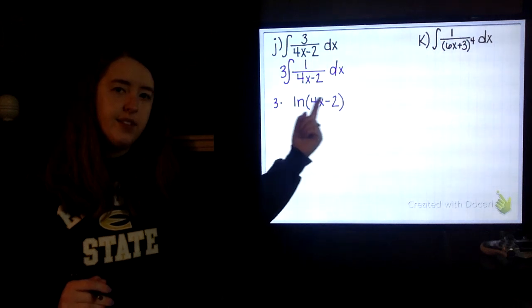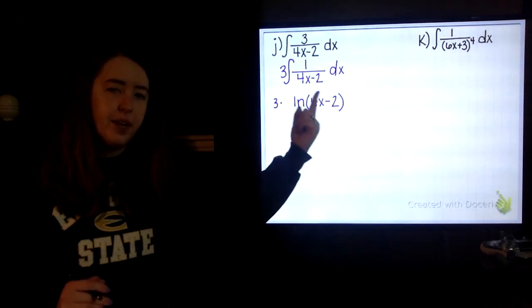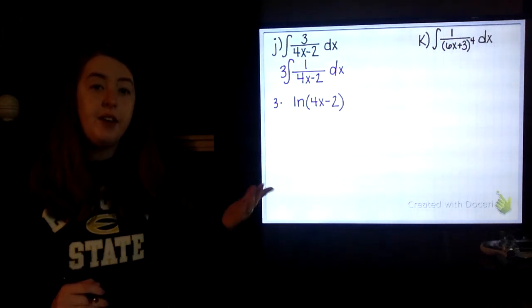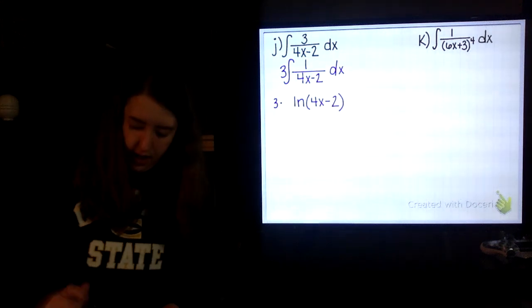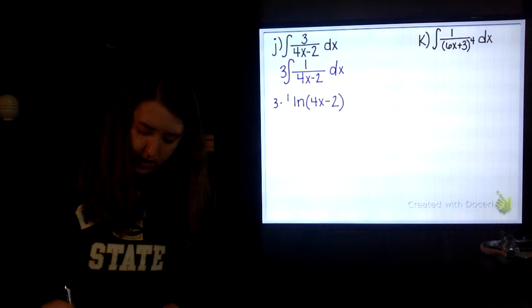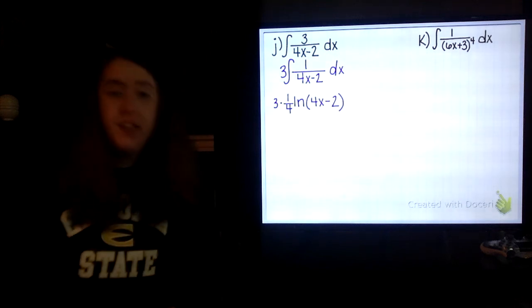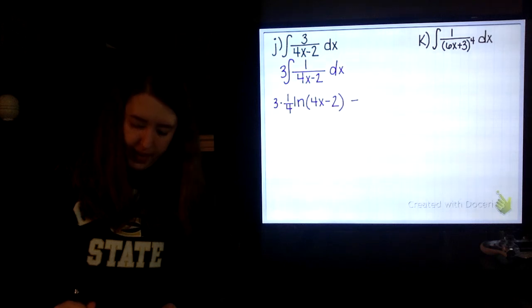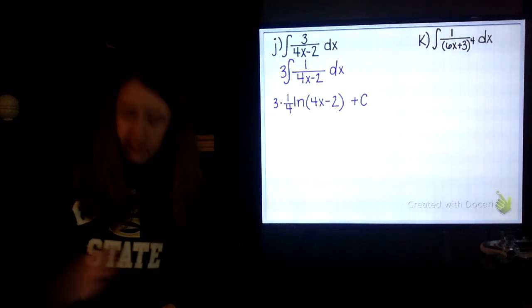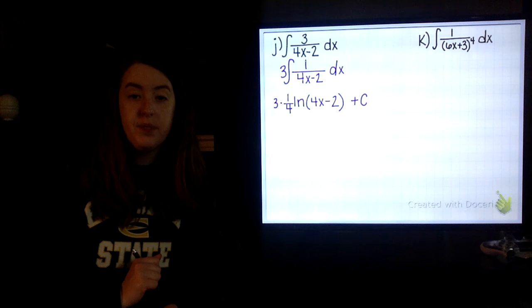Since we have something other than just plain old x in there, we need to account for the chain rule, so I need to divide by 4. So I'll have 1 over 4 right there. And remember, at the end of everything, we need to have a plus c on indefinite integrals.